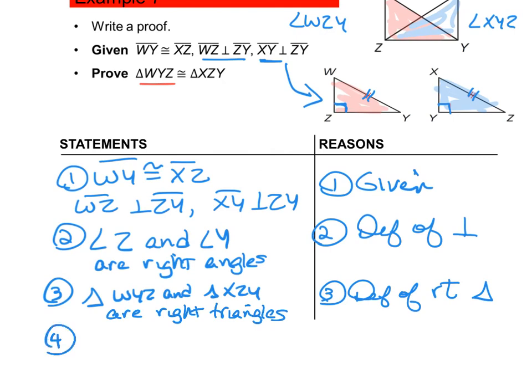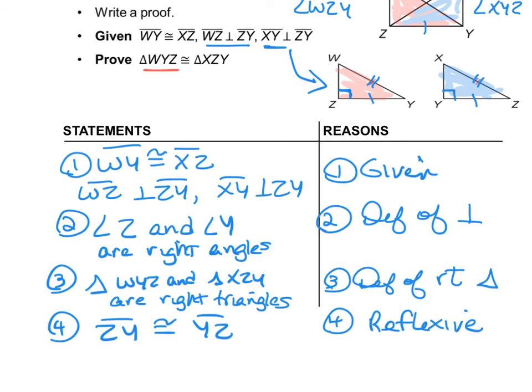So far I've got a right angle marked. I've got the hypotenuse marked. Now I just need to establish that the leg is congruent. And if you notice that right here, this side ZY is the same on both of these. So all I have to say is that ZY is congruent to YZ, and this is the reflexive property.